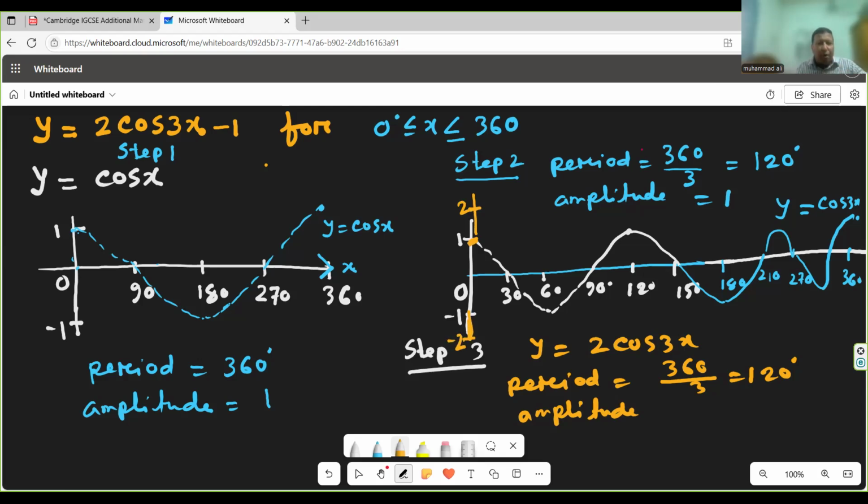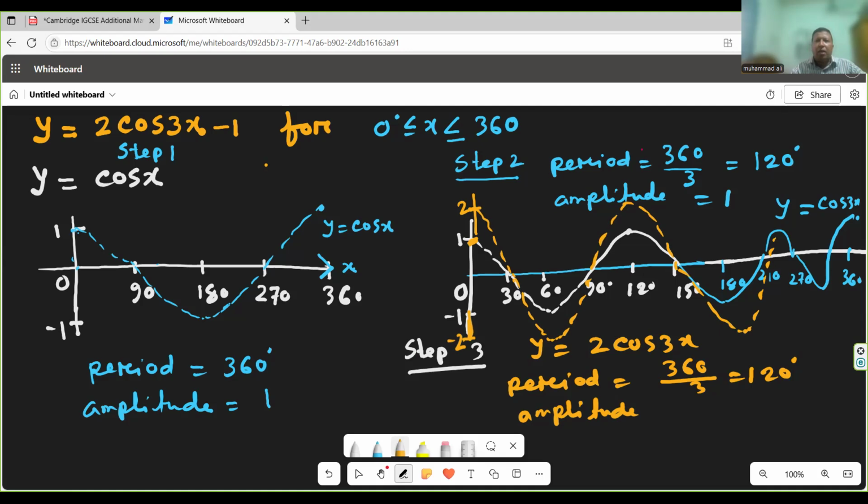So the maximum point and minimum point distance from the principal axis will be 2. So if we sketch this curve, it will be like this. In this way, you can sketch it. So it is y equals 2 cos 3x.